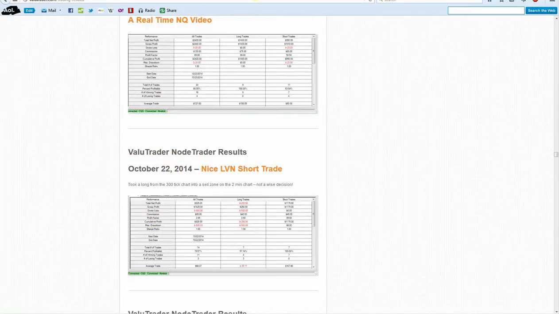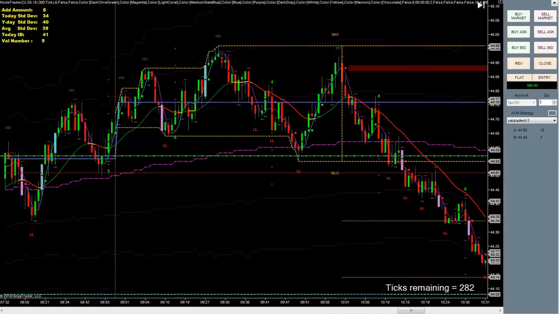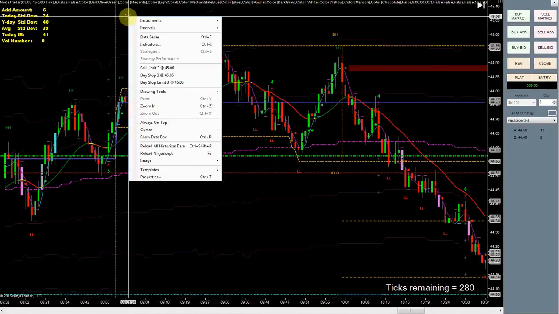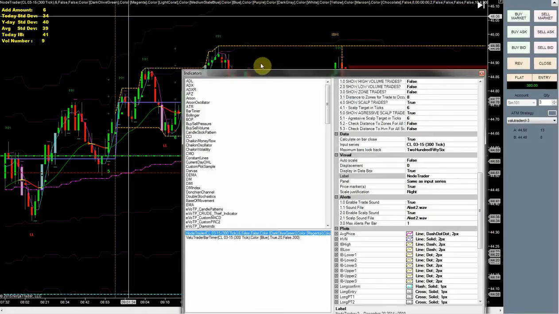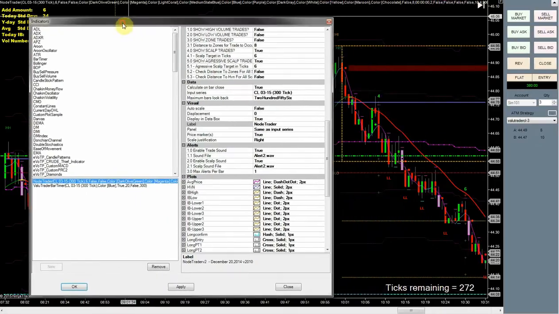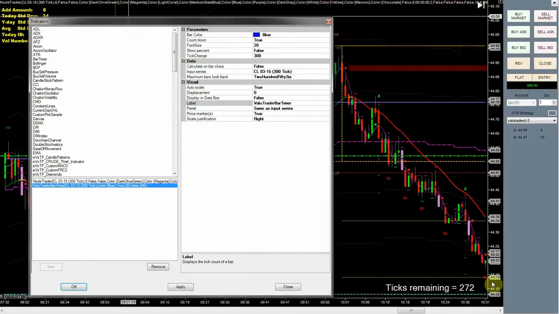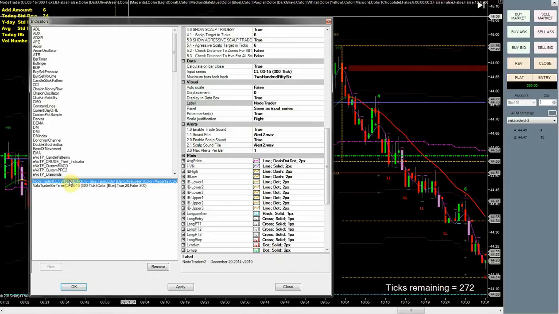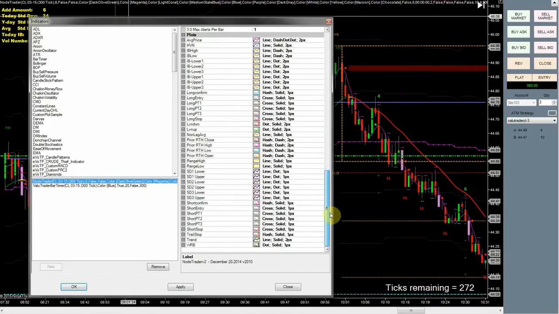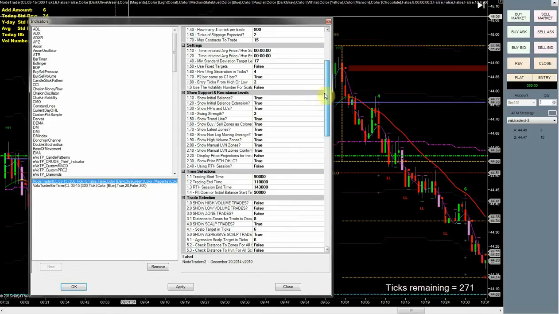All right, I'm going to take a look at some of these trades here, and show you guys, go into indicator. This ticks remaining, that's the Valutrader time bar, that's just what that is. But over here, this is nodetrader. And like I said, it's a lot of information here, folks.